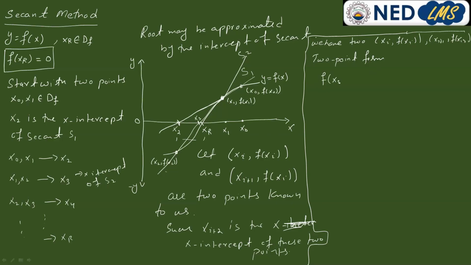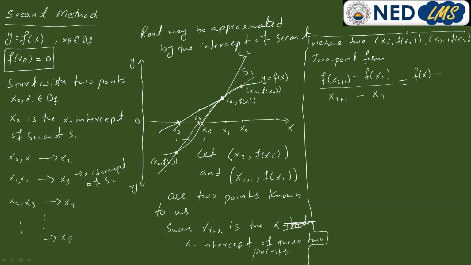I am using the 2 point form: f of xi plus 1 minus f of xi, divided by xi plus 1 minus xi, equal to f of x, for any point on this line, minus f of xi. It is the same standard thing I did in the Newton-Raphson method as well.